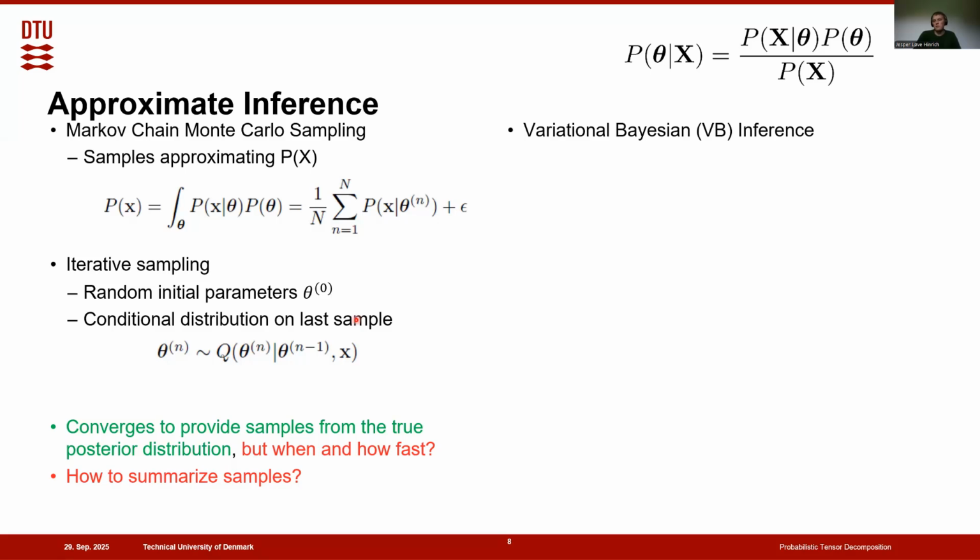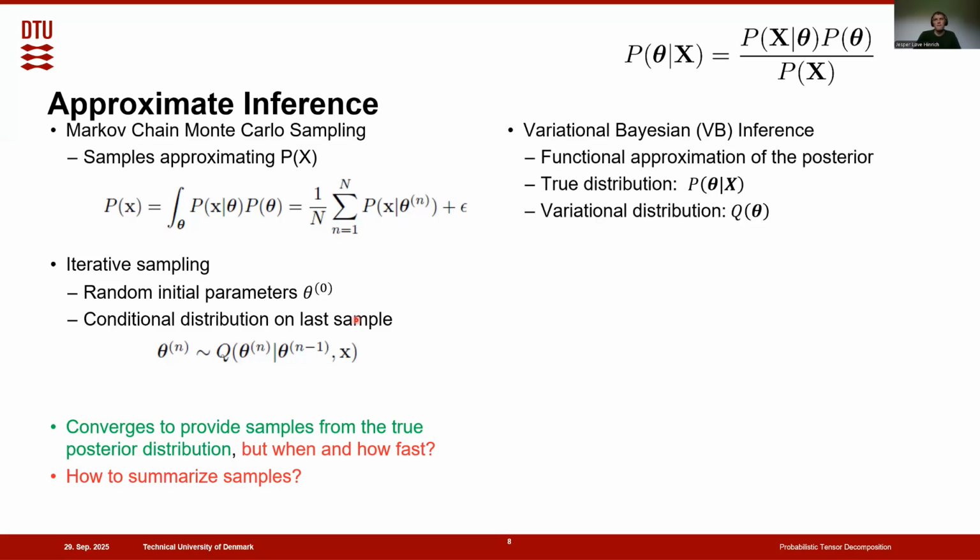Variational Bayesian inference, which is what I mostly use, is where we do a functional approximation of this. So we try to approximate not the posterior but P of X. So we have our true posterior distribution, and we have our approximating distributions. They're called the P distributions and the Q distributions.